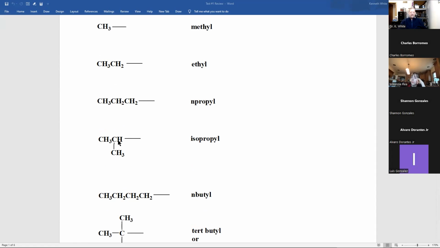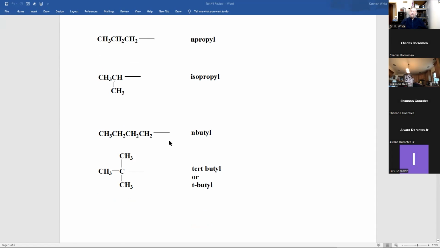When it's attached at the center, the alkyl group is isopropyl. Then there are 2 butyl groups: with 4 carbons, n-butyl. 3 carbons attached to the center carbon attached to a ring or a long chain, tert-butyl, or as lazy organic chemists, t-butyl group.